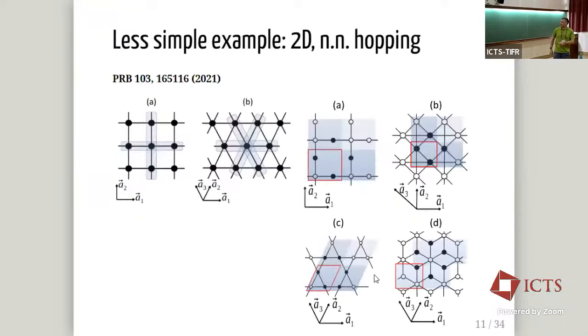This can be easily extended to the two-dimensional setting, albeit at the expense of a slight increase in technicality, because now your compact localized states are not characterized just by this size, but you also have to consider various shapes. And the condition that it's a compact localized state, that under the action of the Hamiltonian it doesn't spread out, becomes more complicated.